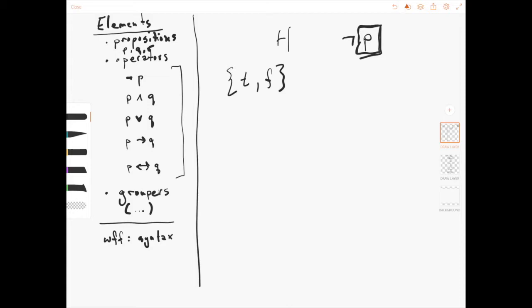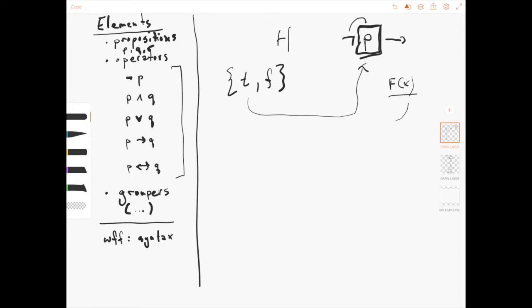If we focus on this, what we realize is that depending on the truth value that we put in for P, the not is going to take that value, do something to it, and then give us an output value. That's essentially the same idea as the notion of a function in mathematics. F of x is the way we often represent functions.